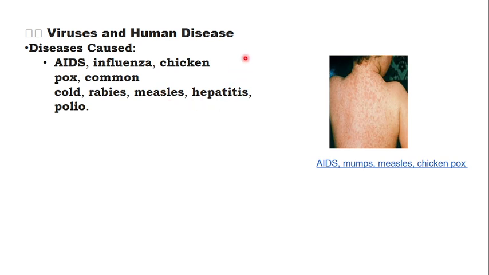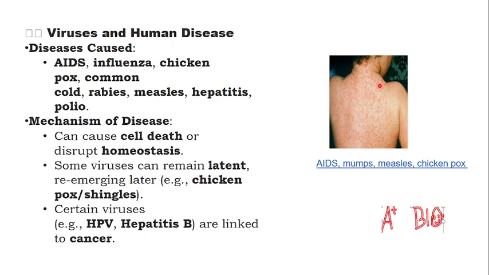Hepatitis is a disease of the liver caused by a virus, and also even polio. Here is the structure of someone affected by one kind of virus. Viruses are not good for human beings. So the mechanism by which viruses cause disease is that they can come and directly cause what we call cell death.